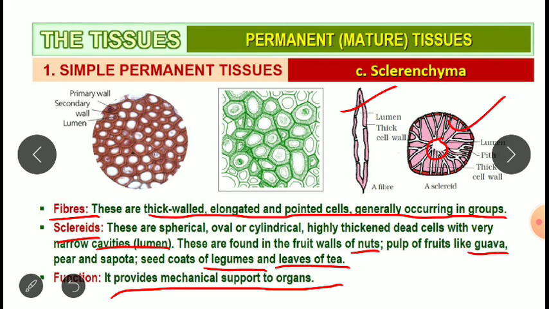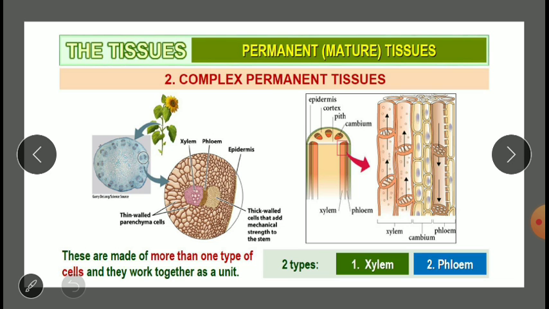Collenchyma is known as living mechanical support giving tissue, whereas the sclerenchyma is known as the dead mechanical tissue. So these are the three types of permanent tissues that are present in the plants, that is parenchyma, collenchyma and sclerenchyma. In my next video, we will study about the complex permanent tissues.